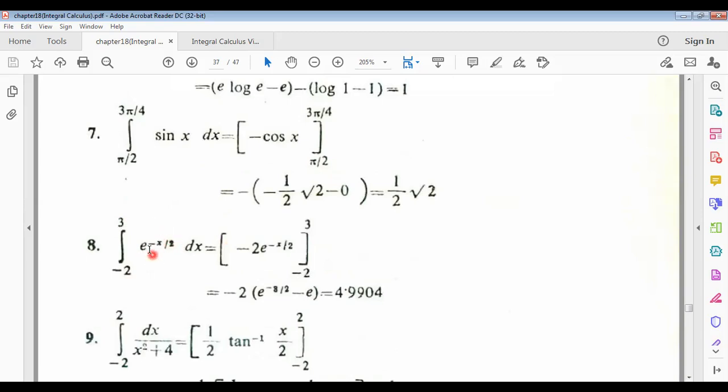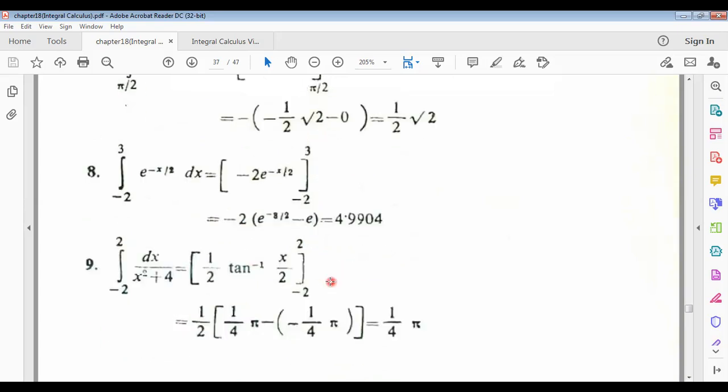For e to the power x, we just have to divide by the coefficient of x, that means minus half. Dividing by minus half, we get this result. Then putting the upper limit and lower limit, we get this result using a scientific calculator.